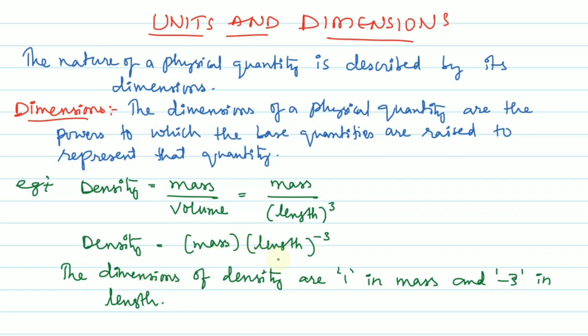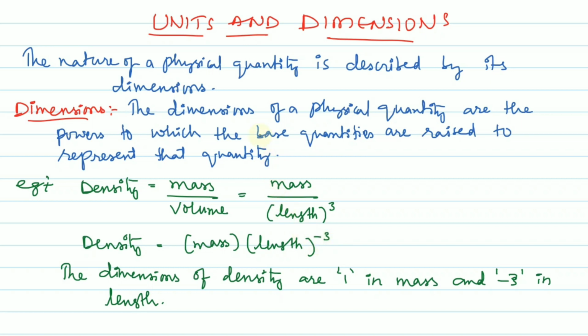So here the dimensions of all other physical quantities are 0, because density is represented with a formula mass upon volume. So here we are taking fundamental quantity mass and fundamental quantity length, which is raised to negative power of 3, right?